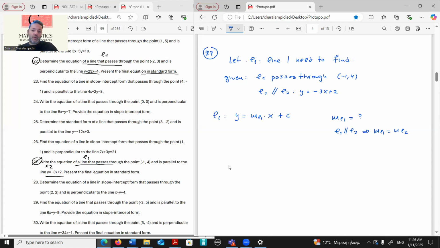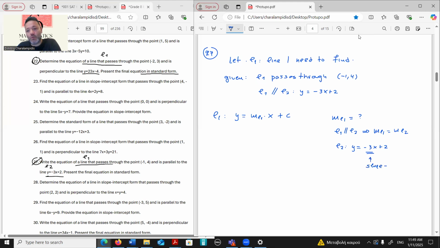Do we know anything about the slope of L2? We know that L2 is the one with equation -3x plus 2. Since this is a slope-intercept form, we know that the slope is given directly as the coefficient of x.